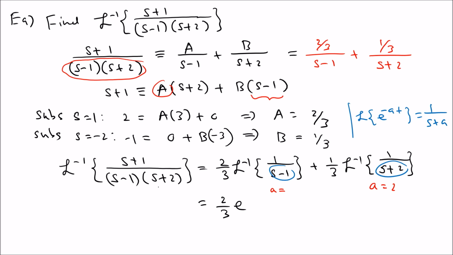So with the negative sign, it's e to the power of t. For the other one, because there's a minus sign already there, it is -2t. So finally you're going to get 2/3 e to the t plus 1/3 e to the -2t. So that's the answer.